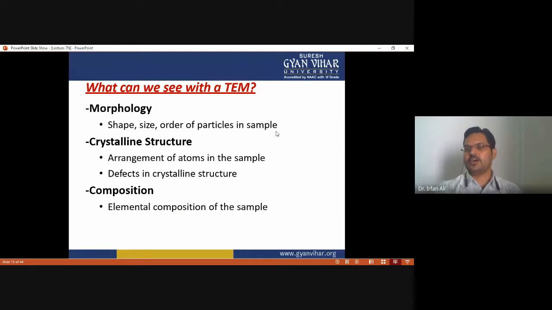We analyze the crystalline structure of the sample, or the arrangement of atoms in the sample, and we also analyze defects in the crystalline structure.